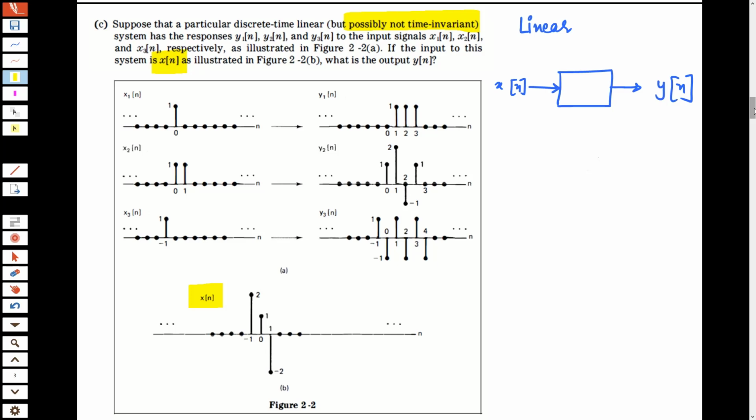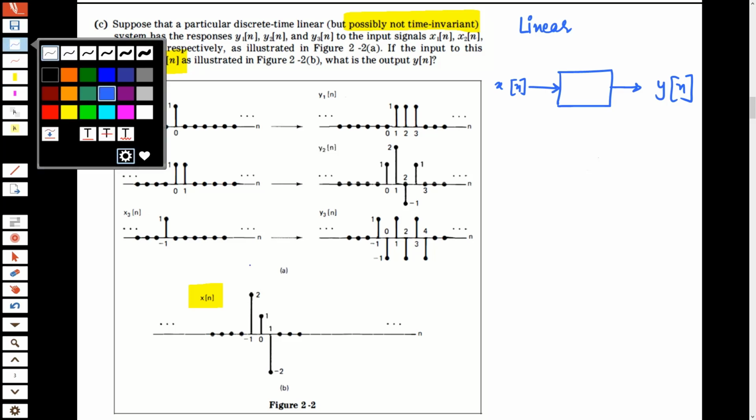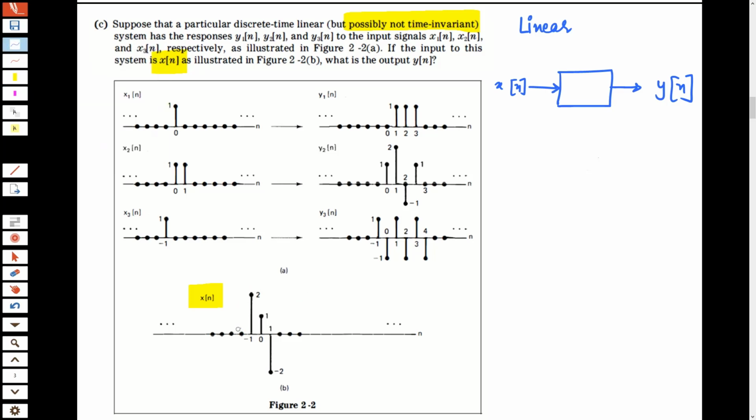So how can x[n] be represented? This element is coming from x1[n], because x1[n] did not have any other elements. The element at -1 would have been coming from x3[n], maybe twice x3[n].